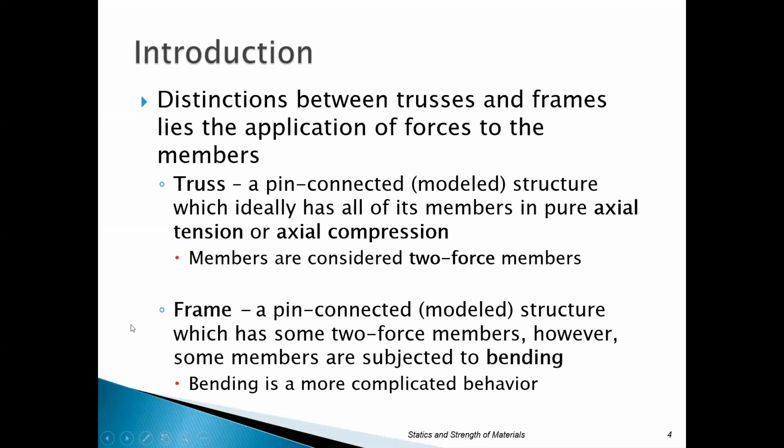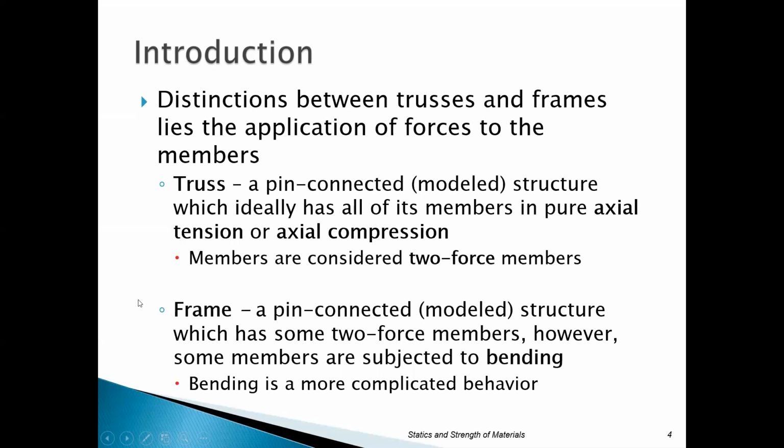A frame is a little different. It's a pin connected structure also; again, that's the way we model it, not the reality. It has some two force members, but what makes frames more involved is that they're also subjected to bending. Bending is a much more complicated behavior to deal with, model, and solve. The good news is we're not going to deal with this.